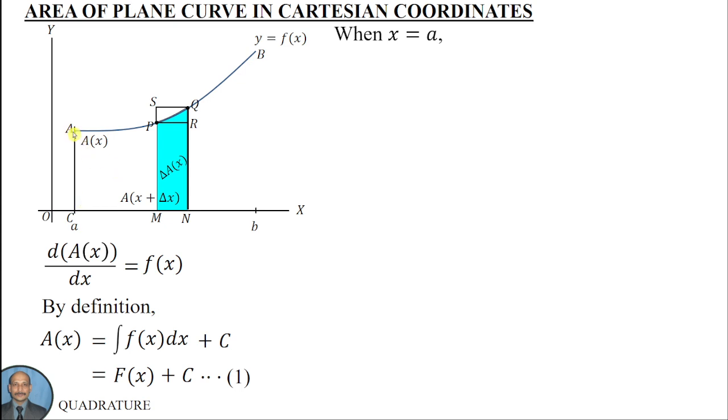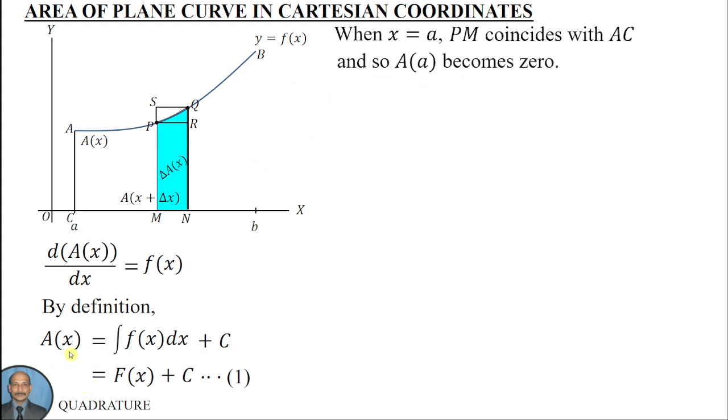In this case, the area APMC reduces to 0. So when x equals a, the ordinate PM coincides with AC, and so capital A(a), that is the area of region APMC, becomes 0 when PM coincides with AC.